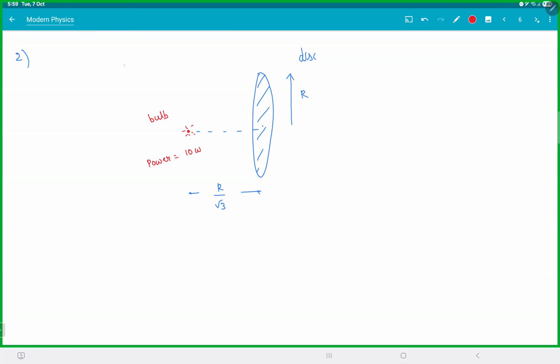This emits monochromatic light, where lambda is 6,600 angstroms. Find the number of photons hitting the disk.